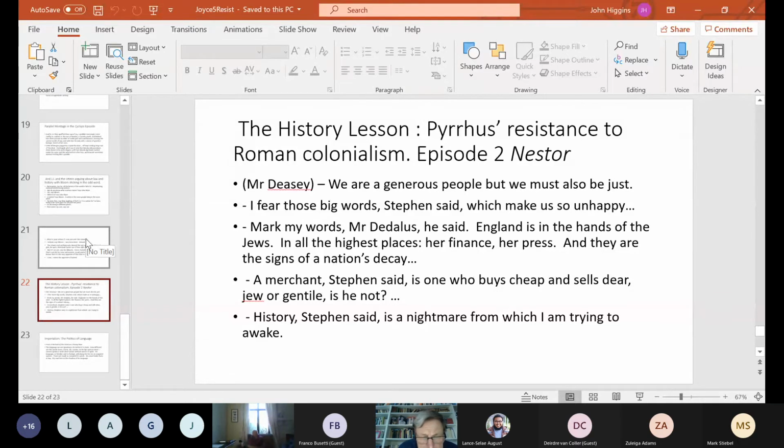"A merchant," Stephen said, "is one who buys cheap and sells dear, Jew or Gentile, is he not?" And with that question, Jew or Gentile, he punctures the racist idea of Jews only as merchants.